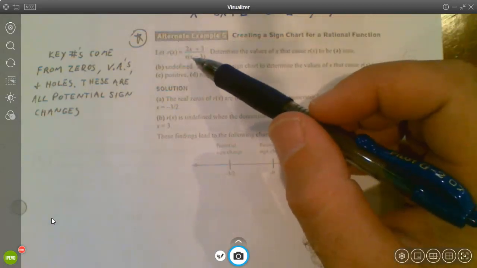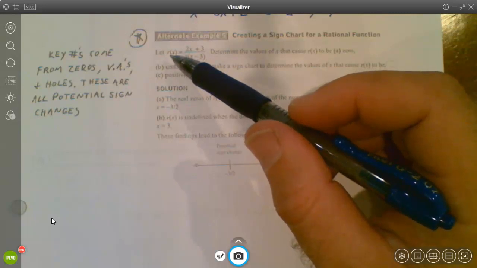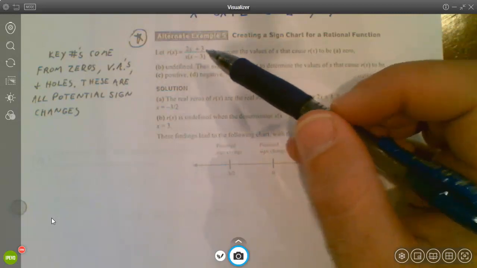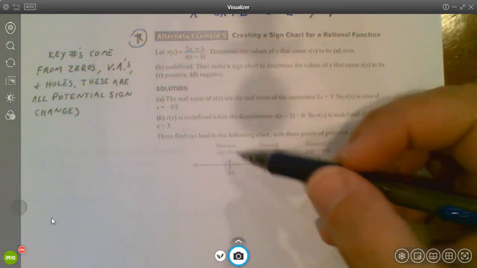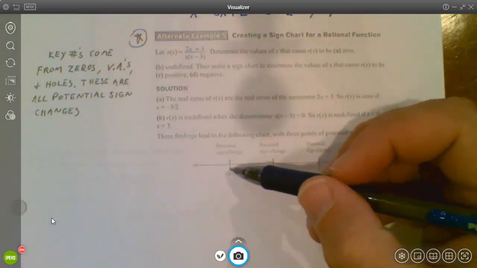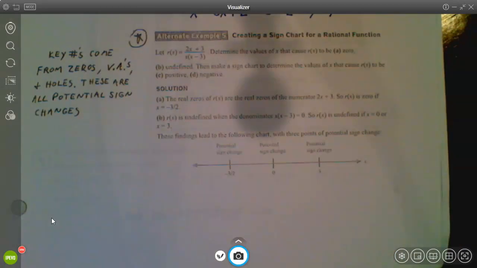To find x-intercepts, we plug in a 0 for y. If you multiply this over, it's still 0, so 0 equals 2x plus 3. If you solve that, you get negative 3 over 2. So our x-intercept is at negative 3 over 2. So those are all the key numbers.